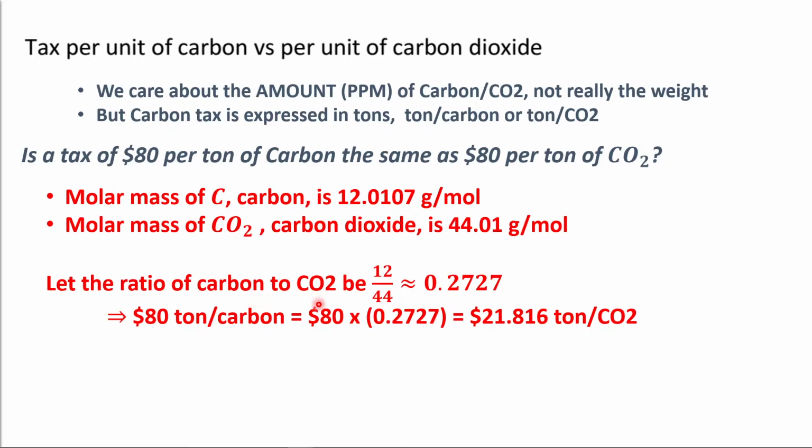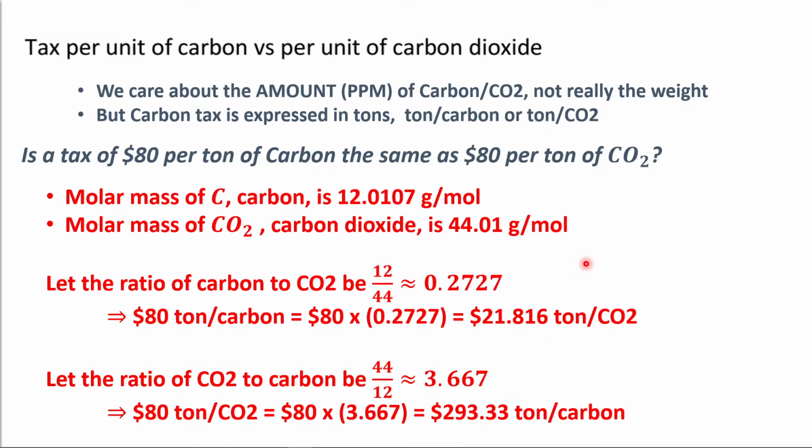And this is the only conversion that you'll ever have to do, because again, when we talk about carbon tax, we're almost always talking about it in terms of tons of CO2, but once in a while you will read some literature that talks about carbon tax in terms of per ton of carbon. So if that ever happens, you would just need to use this ratio to convert this back to tons of CO2.